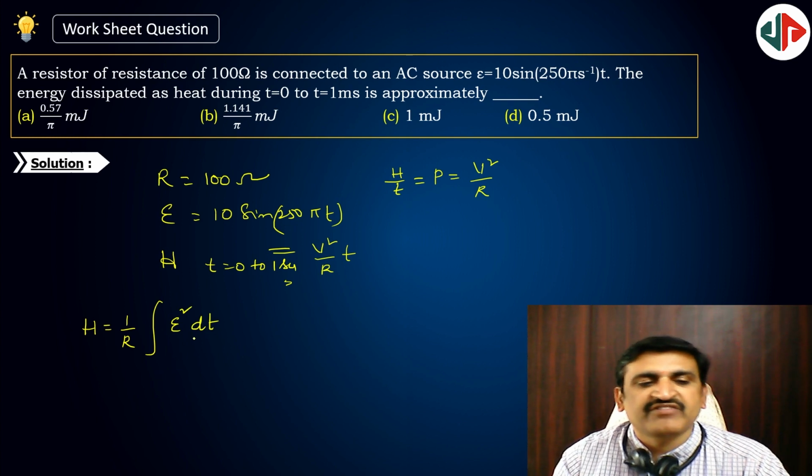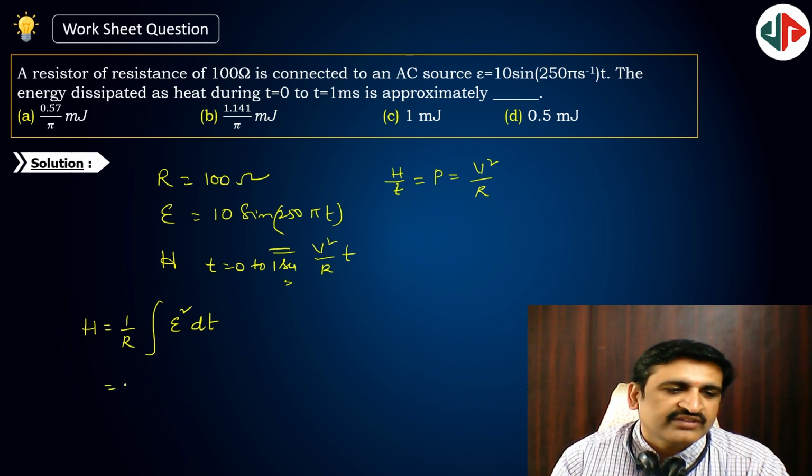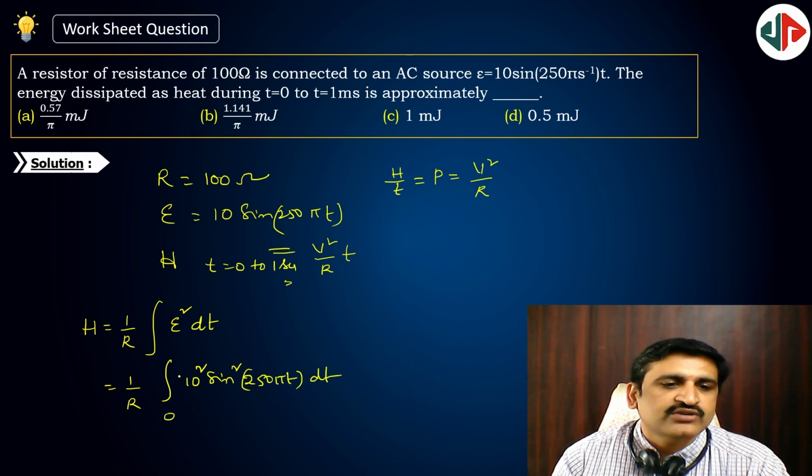So at every instant, how much heat is produced is V square by R into T. Let me simplify more. E square, that is 10 square sin square 250 pi t into dt, and time is 0 to 1 second. I think he is asking 0 to 1 second.